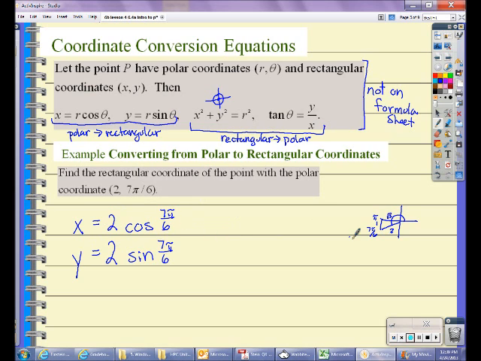And I can think, alright, all students take calculus. I don't have any tangent, so these are both going to be negative. Cosine is 2 times negative x over r. Sine is going to be negative y over r.